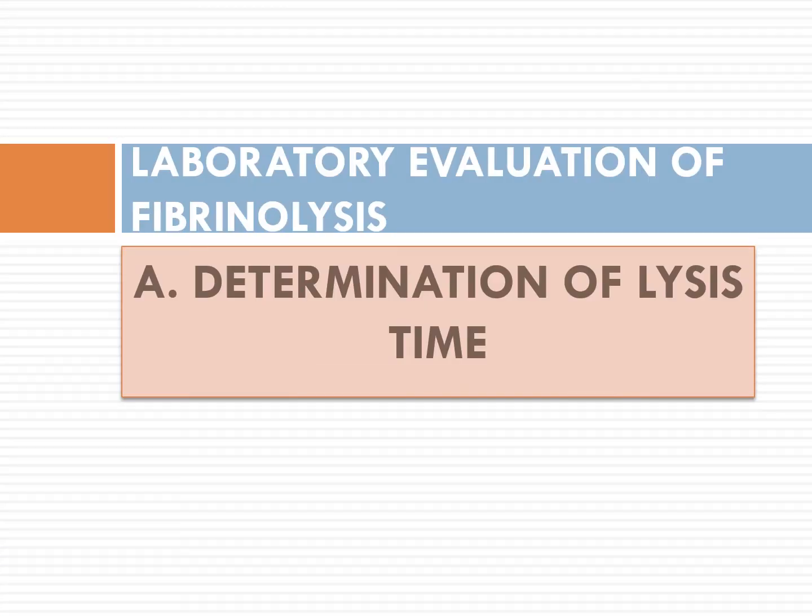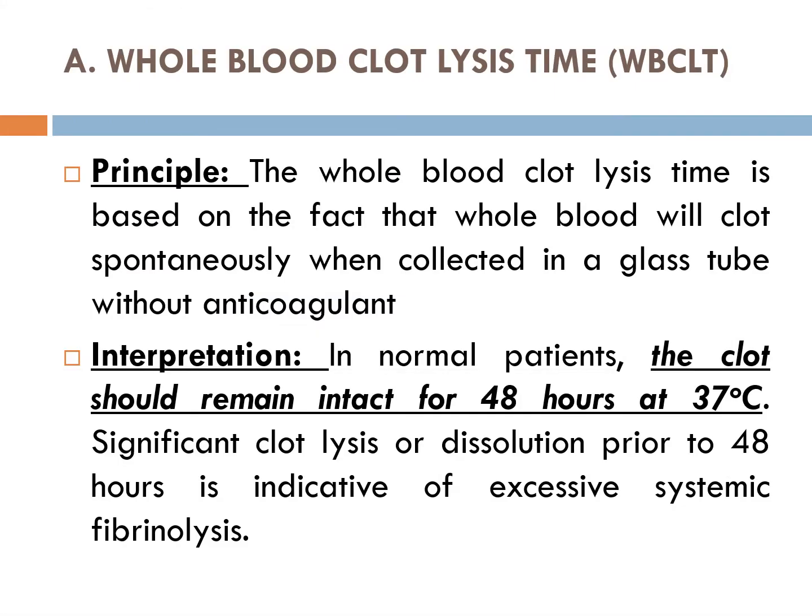So now we go to the different laboratory evaluations for fibrinolysis, and we start first with the determination of the lysis time. The first procedure for clot lysis time determination is the whole blood clot lysis time. The principle behind this test is that if you collect your blood sample using a glass test tube, it would spontaneously form a clot without an anticoagulant.